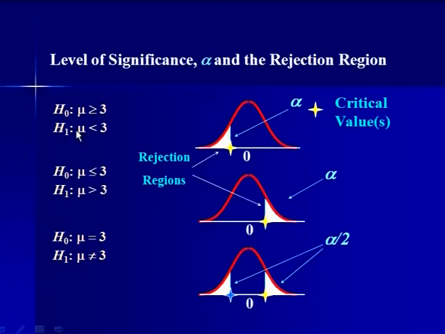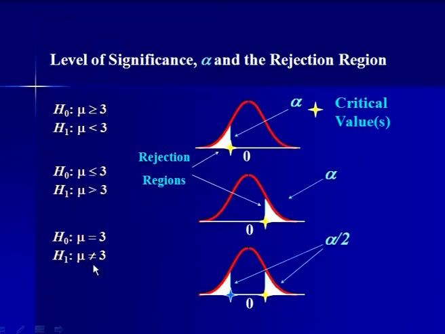If our alternative hypothesis is mu is less than a value, suppose 3 as in this slide, we generally use the left tail of the normal distribution. It means we use the negative quadrant of the normal distribution. And if our alternative hypothesis is mu is greater than 3, with the greater than sign, we generally use the right side of the normal distribution.